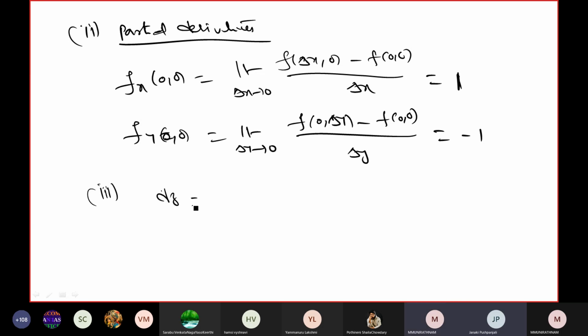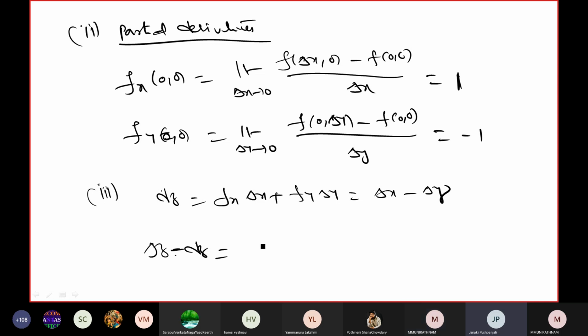dz equal to fx delta x plus fy delta y. This is delta x minus delta y. Let us find delta z minus dz. Let us write delta z first.